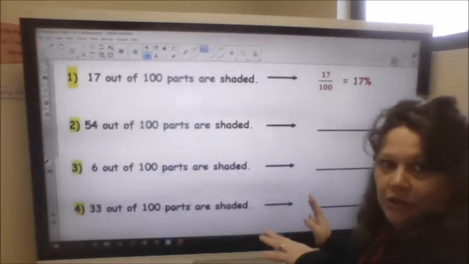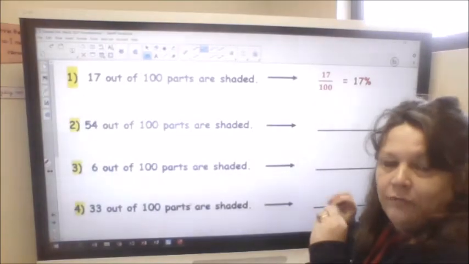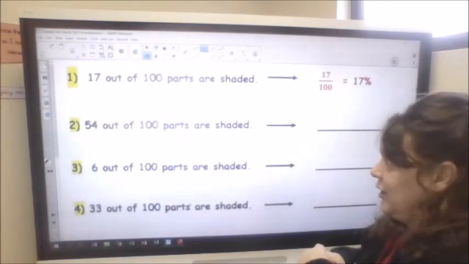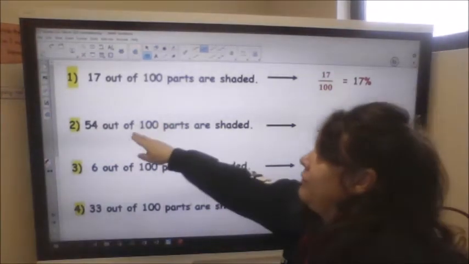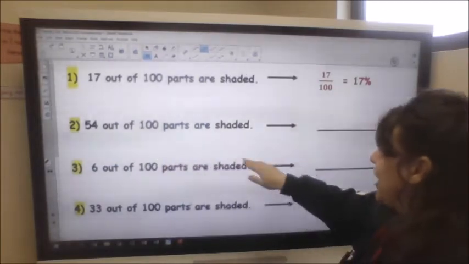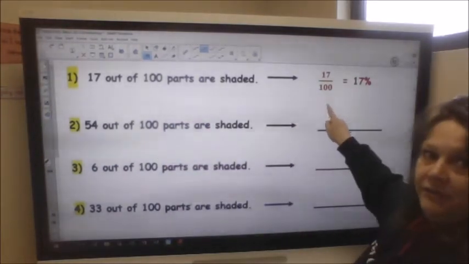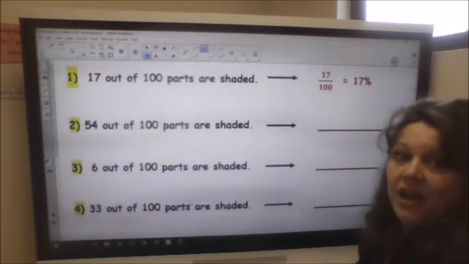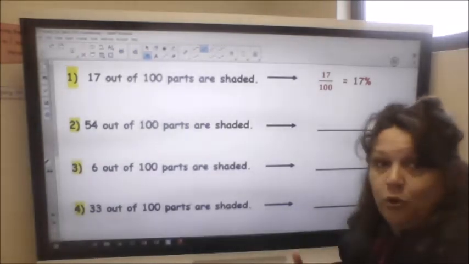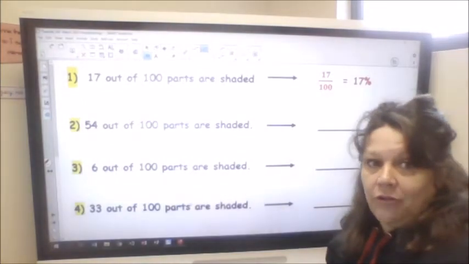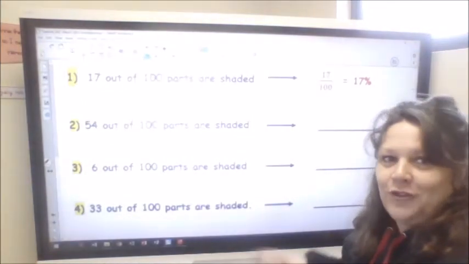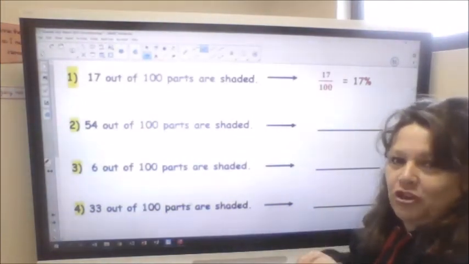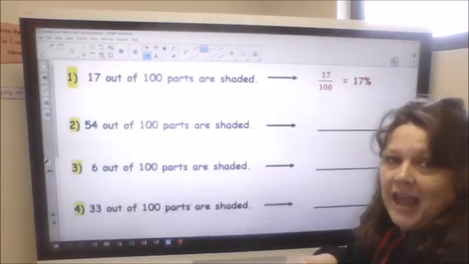So what you are going to do is exactly the same for each of the questions. So 54 out of 100 parts are shaded. That's 54 over 100, which equals 54%. Still nice and straightforward. It just means I've taken the diagram away now. So we're into reading the question and reading how many parts carefully.